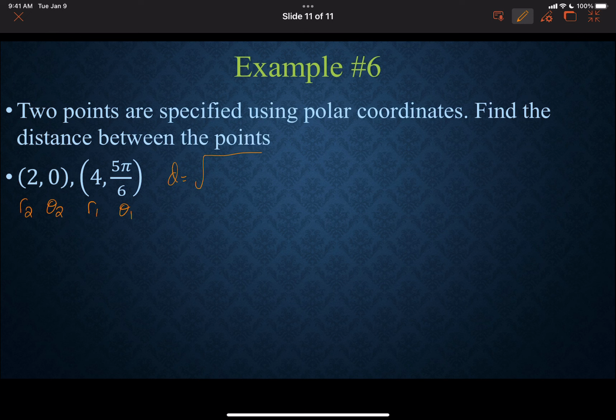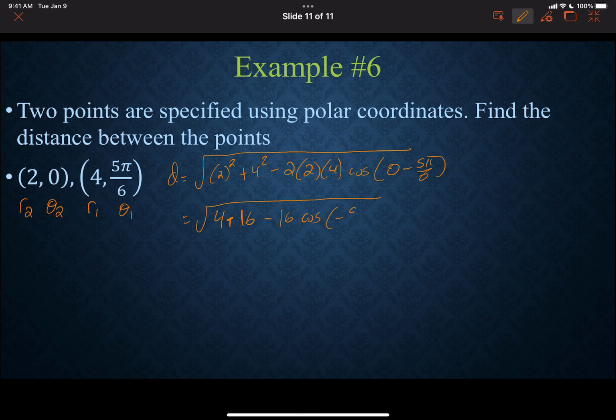So your distance would be the square root of 2 squared plus 4 squared minus 2 times 4, cosine of 0 minus 5 pi over 6. So 2 squared is 4, 4 squared is 16. 2 times 2 times 4 is 16. We get negative 5 pi over 6.